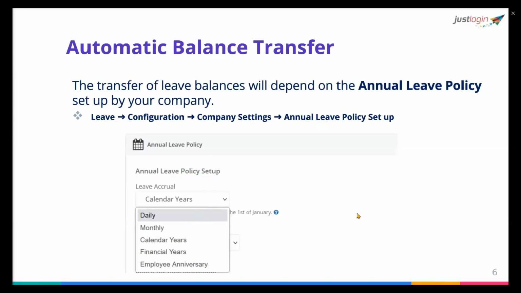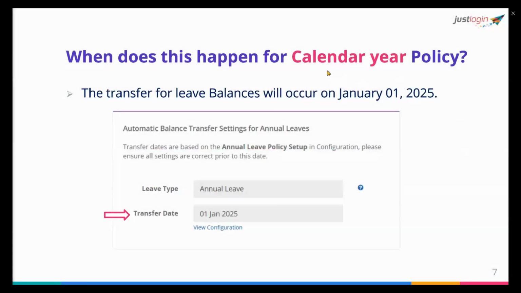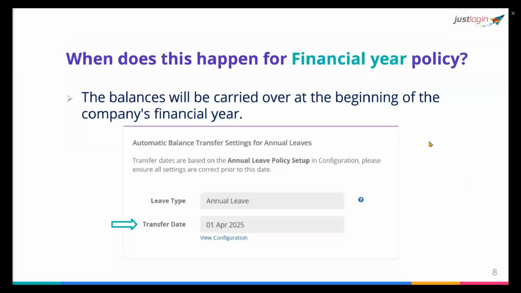Let me give you different scenarios. When does this happen? Under the calendar year policy, the transfer of leave balances will take place on January 1 of 2025. When does this happen for financial year policy? The balances will be carried over at the beginning of the company's financial year.